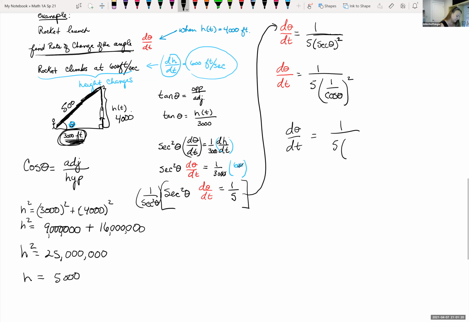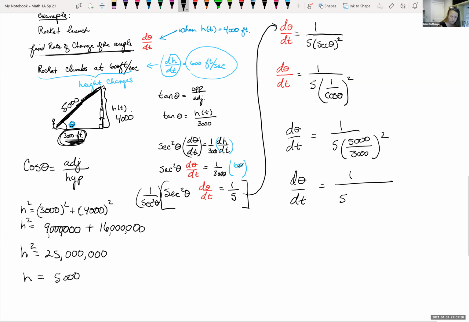So hypotenuse over adjacent would be 5,000 all over 3,000, quantity squared. Reduce down, so I have 5/3 quantity squared. 5/3 quantity squared is 25/9.